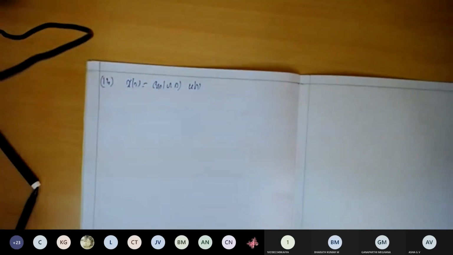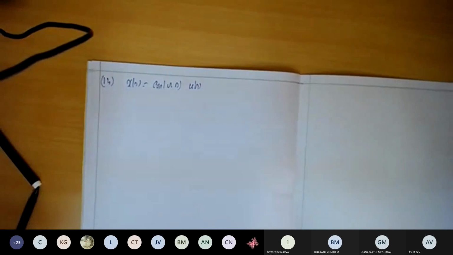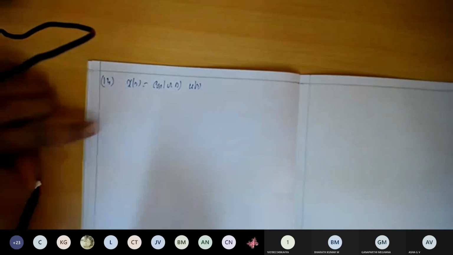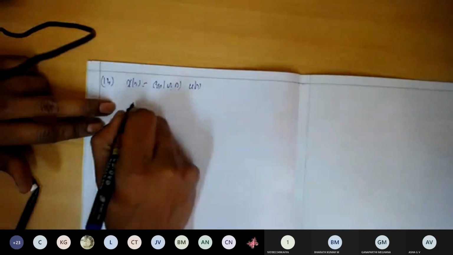We'll consider the transform of the cos function. I'll leave the problem so you can do that as a homework. The cos function, cos omega n into u of n. I'll give the final answer.